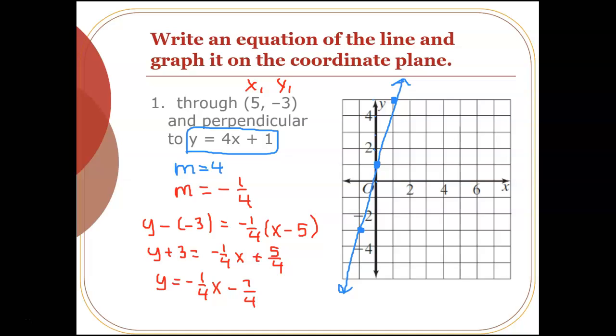And then we're going to graph our point. So your y-intercept is negative 7/4. That's kind of close to negative 2. If you plugged in the number 1, so when x equals 1, you have negative 1/4 minus 7/4, which would give you negative 8/4, which gives you negative 2.